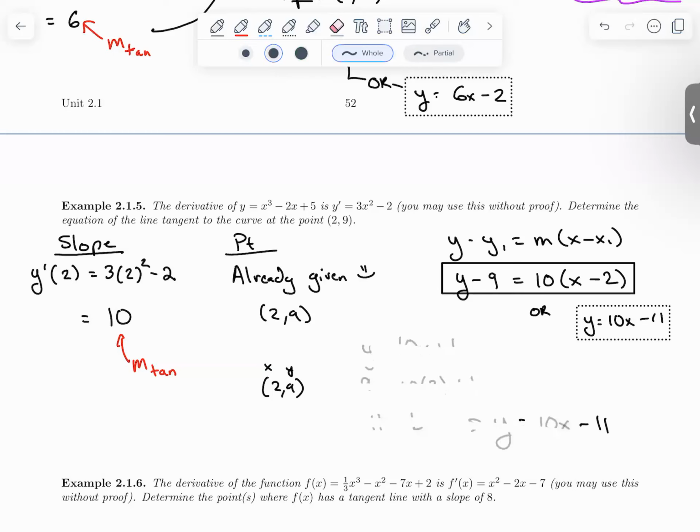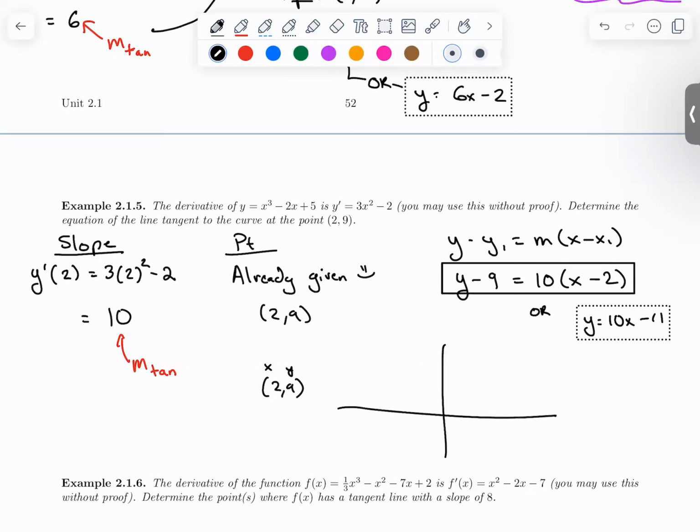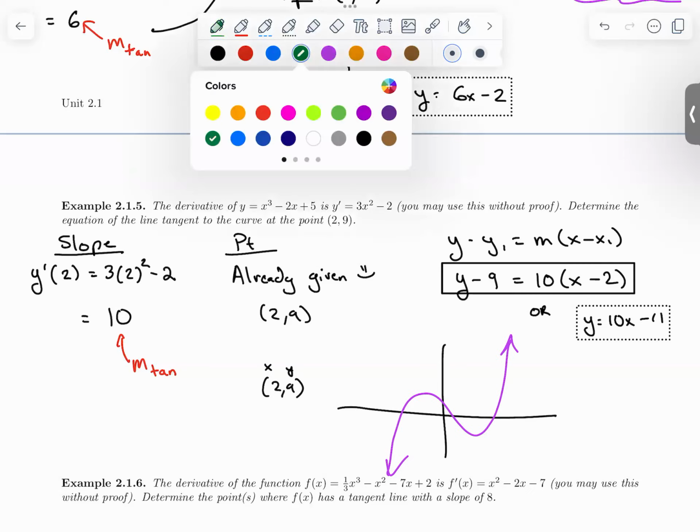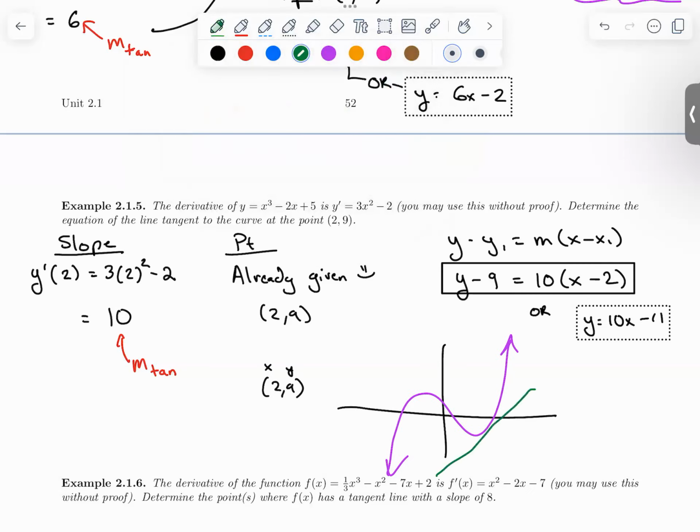Another reason why is this tells me exactly where the tangent line is. If I have it in the other form, I have to draw that line to figure out where the tangent line is. So like the curve y equals x cubed minus 2x plus 5 looks something along this line. If I were to use that form, I would have no idea where it was until I finally drew it and drew it nicely enough so that I could be like, okay, there's the tangent line.